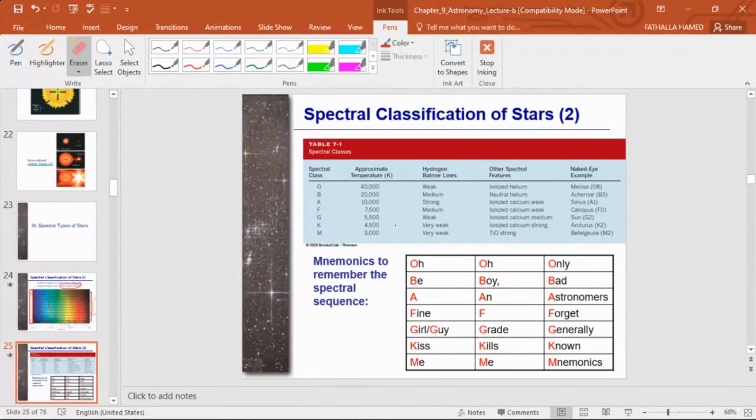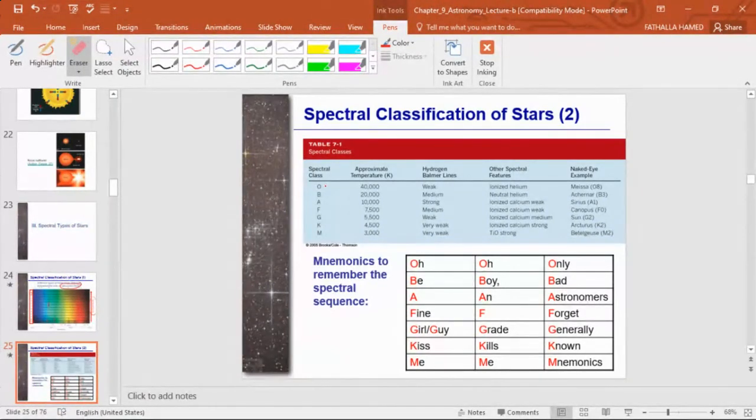And now these already were given a classification with a letter. Later on, when you could measure the surface temperature from this, these have been rearranged in this order here: O, B, A, F, G, K, M. So some may ask, why don't you just make it simple: A, B, C, D, and so on?